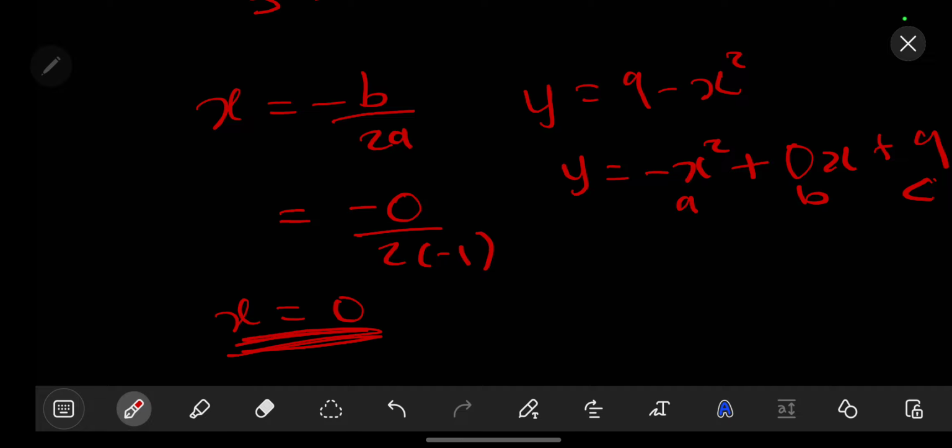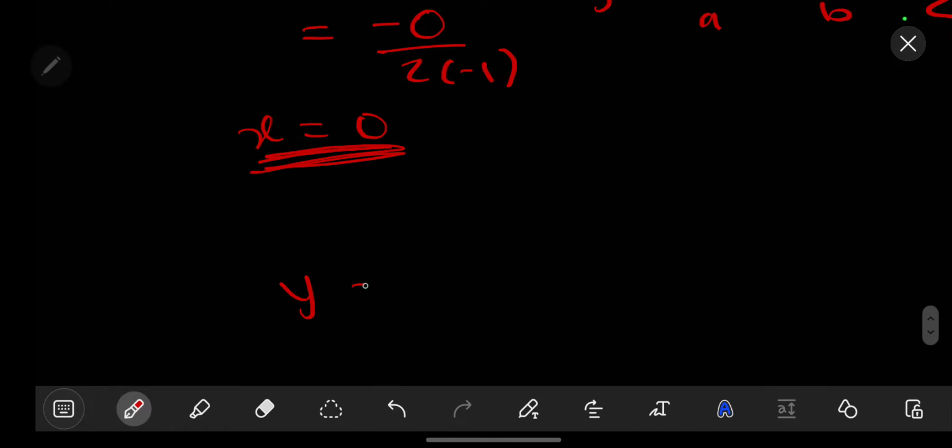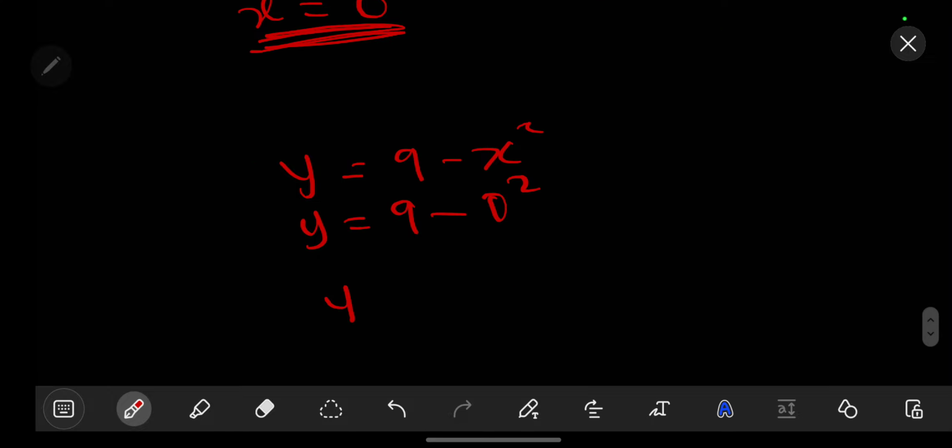If x is equal to 0, we have y equal to 9 minus x squared. So y is equal to 9 minus 0 squared. Then we have y equal to positive 9. Now remember, the equation is y equal to 9 minus x squared.